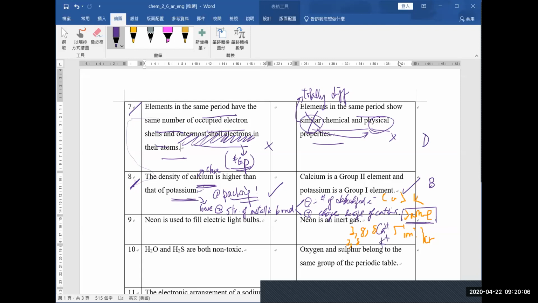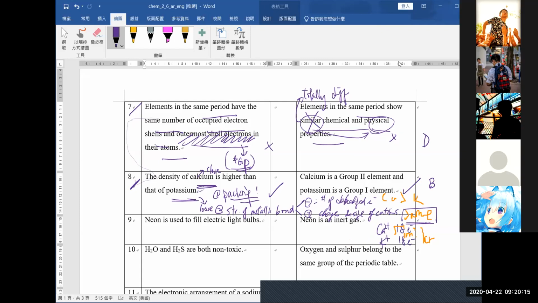And this one, calcium and potassium, we have got 18 electrons, right? 18 electrons. Agree? Yes, that's right. The electron arrangement. How about the number of protons? The first one, calcium, is 20. The other one is 19.